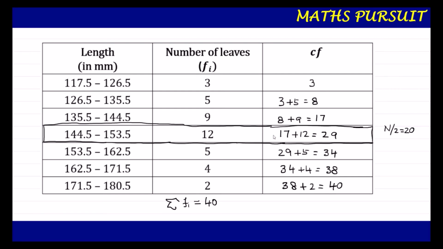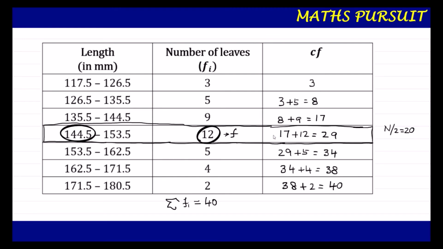The row where the median class lies, that particular frequency is going to be our frequency, and the lower limit of the class interval in that row is going to be our L here.